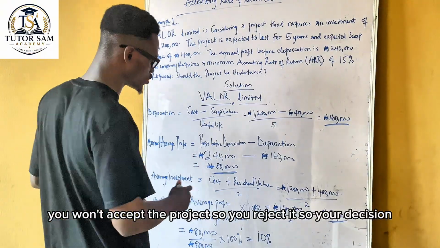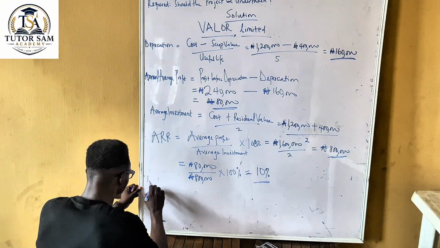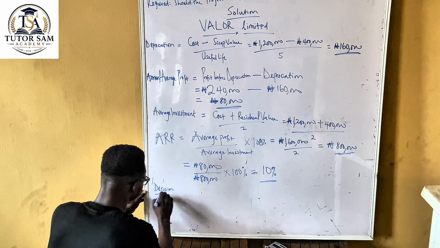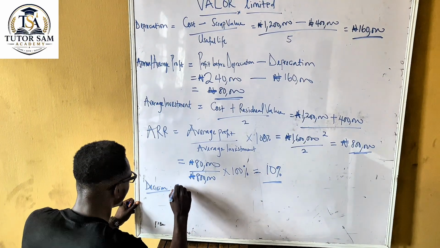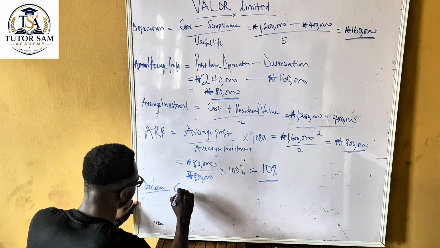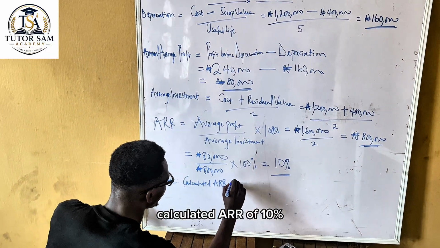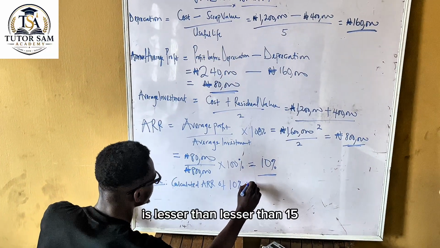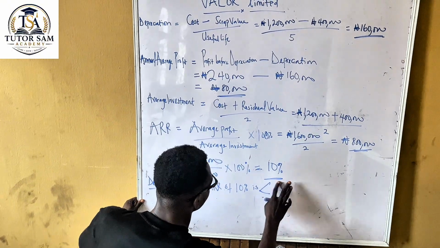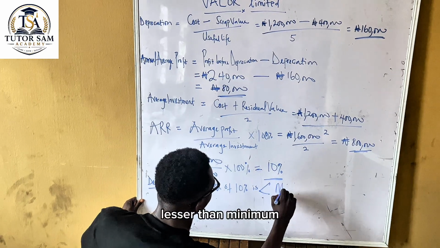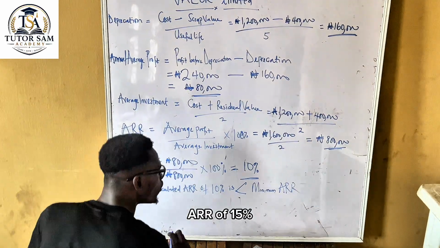So your decision, you can just manage to write your decision: calculated ARR of 10% is lesser than minimum ARR of 15%.